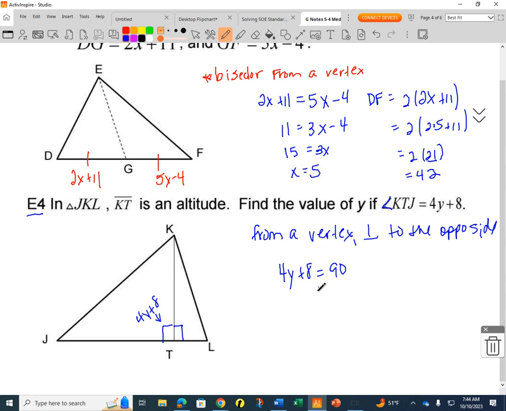Subtract 8 from both sides. 4y equals 82. And 82 divided by 4 is 20.5. So y is 20.5.